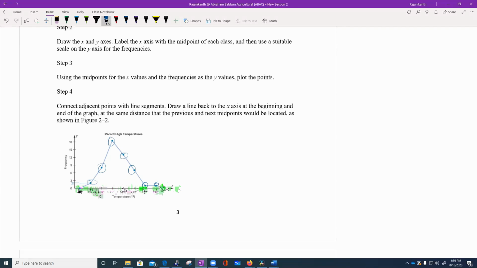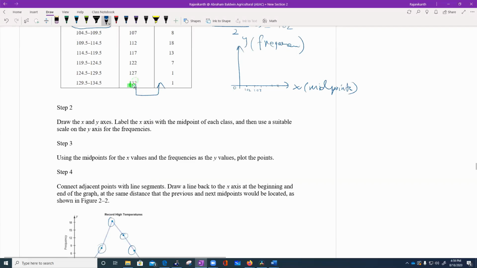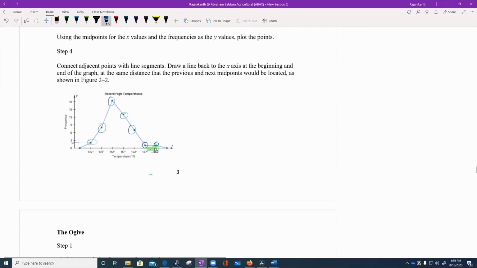Okay? So your last midpoint of the picture is 132, but I need one more point to finish the frequency polygon. So I need to go one more point on the x-axis, which is 137, I believe. This is 137 because 5 units. This side, this should be what?